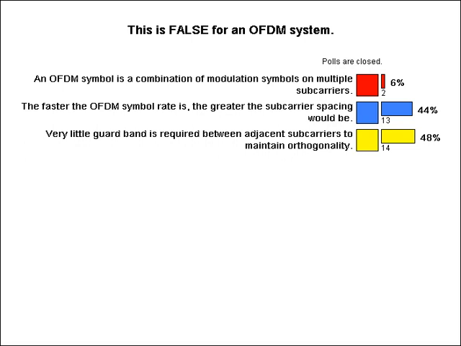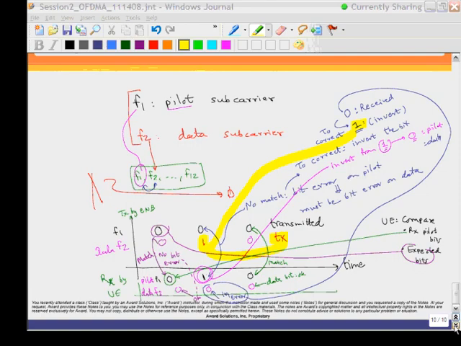that will require very simple mathematics. We are saying faster symbol rate. Faster symbol rate means many symbols every second. If you have many symbols every second, what happens to the symbol time? The symbol time goes down, right?